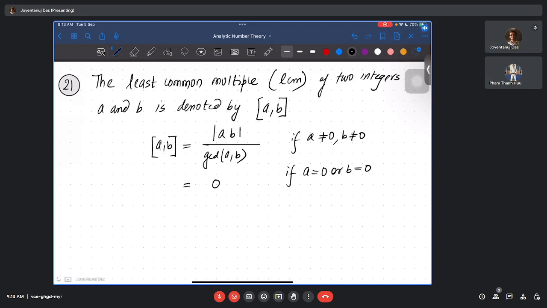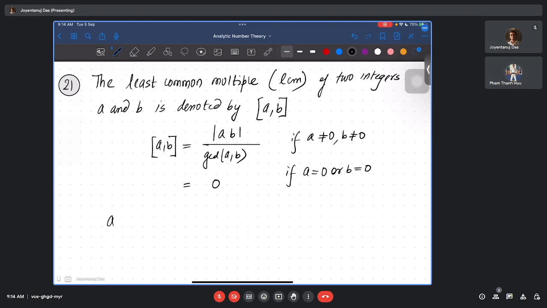Because that number was the greatest number that can commonly divide both of the numbers. That's why it is called the greatest common divisor, right? And this one is called the least common multiple because it is the least number that is a common multiple of both of them. Common multiple means it can be divisible by both of these. That's why it is called the least common multiple. We multiply them and divide by GCD. The example we'll see.